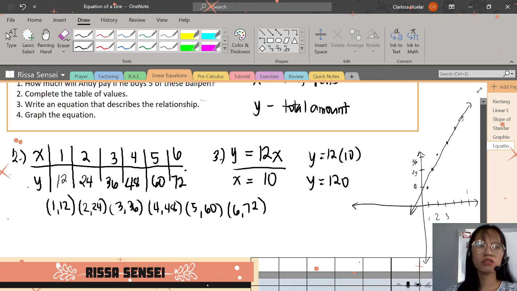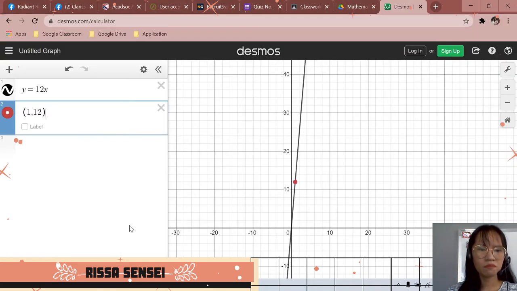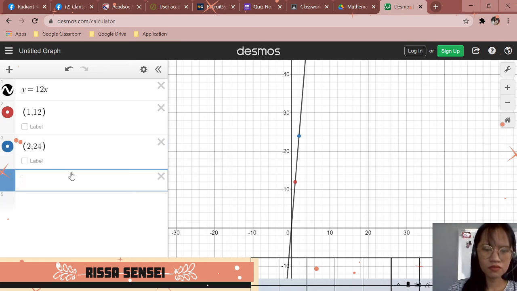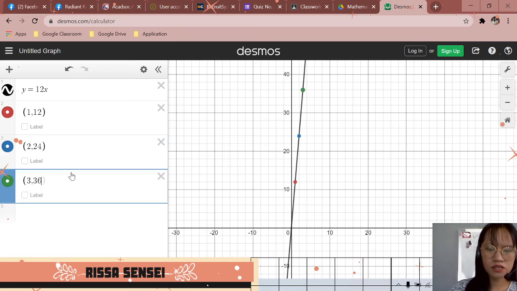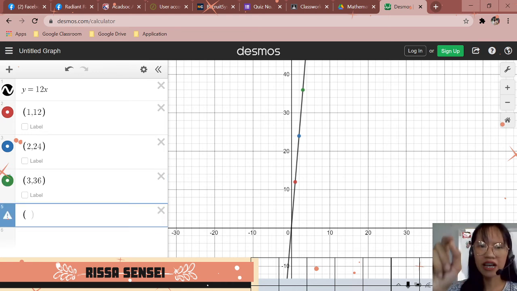So, yan yung mga ordered pairs natin. Yan yung mga points na ipa-plot natin sa Cartesian plane. Napapansin nyo, unti-unti siyang nagkakaroon ng dot doon sa may line.